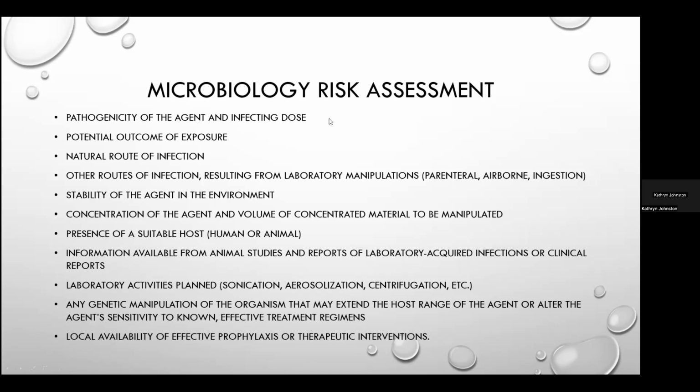So you need somebody that's knowledgeable about the organisms they're dealing with. And if you're infected, what's the potential outcome of that exposure? Is it likely to cause disease, or is it less likely to cause disease? The person conducting the risk assessment needs to be familiar with the natural route of infection of the typical agents that are seen in the laboratory.